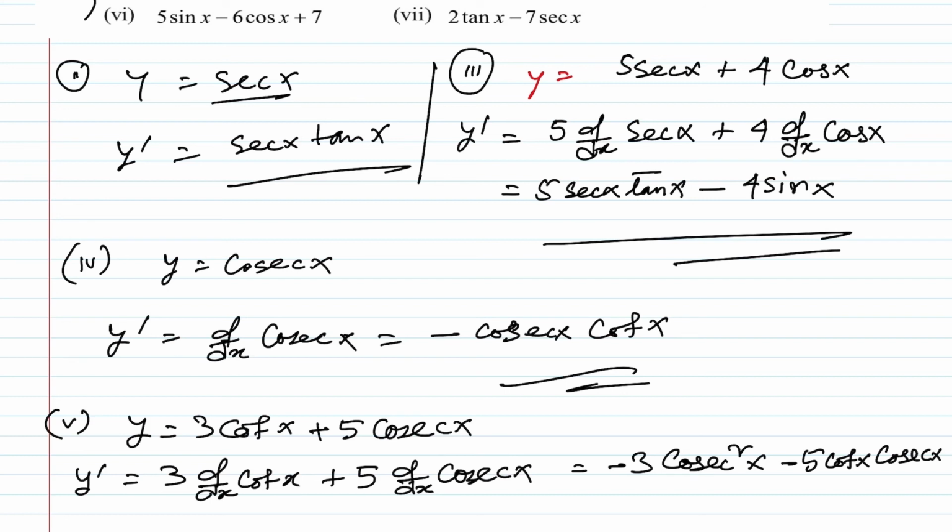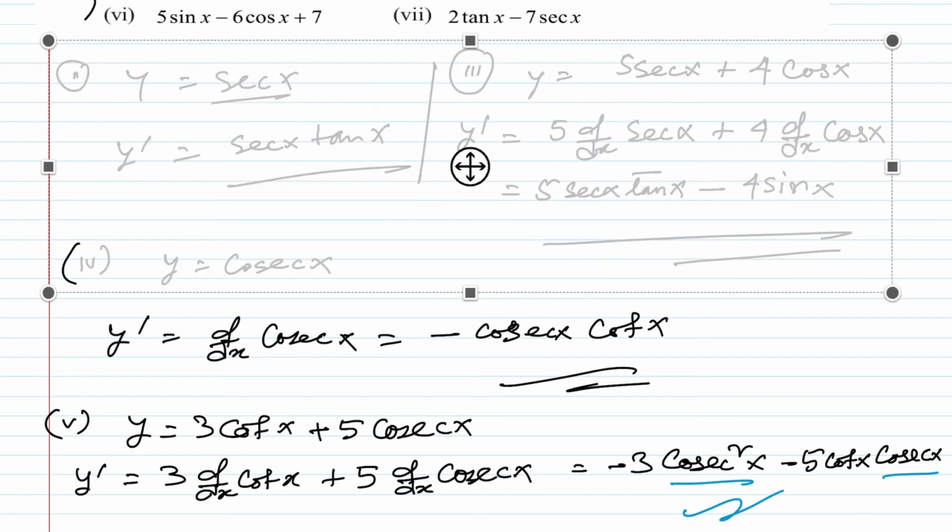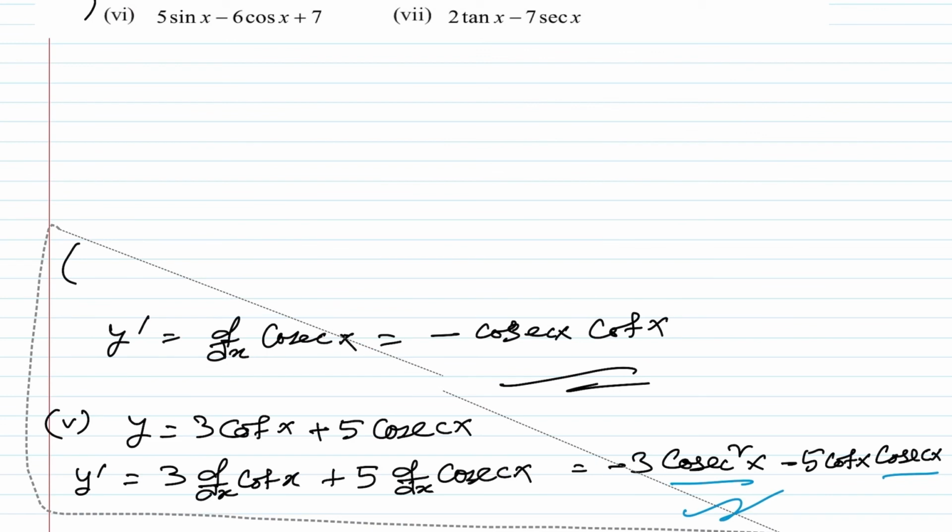So that's how you can solve. You can take cosec x common also, but let us keep it like this. Now let me clean this.